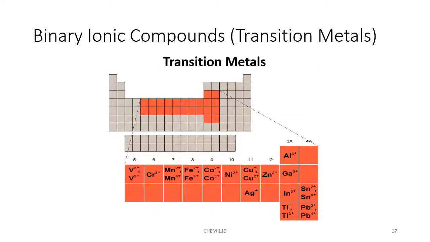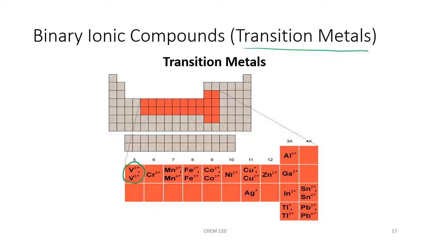When writing formulas or coming up with names for binary ionic compounds that contain transition metals, we're going to follow most of the rules we just learned previously. But now we have to take something else into account. Transition metals do not just form one ion.